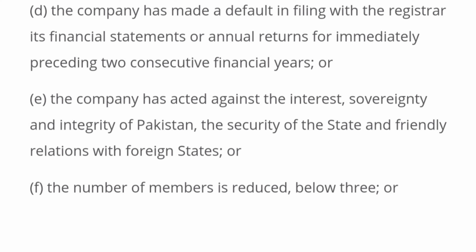Now, this particular rule is quite easy to remember because when we were studying the criteria for being granted the license by the Commission, we studied that an NPO has to be registered as a public limited company, which is obviously stated in Section 42 of the Companies Act 2017.